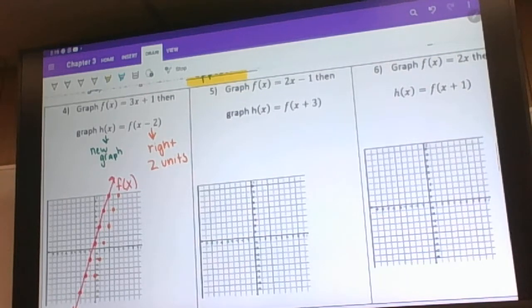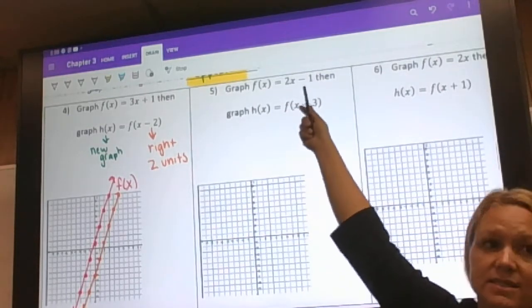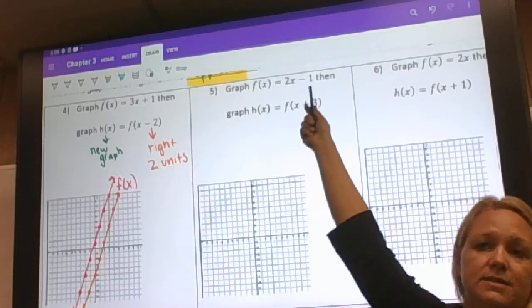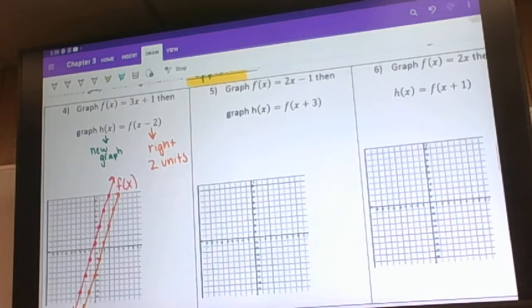Actually, I'm glad you brought that up. I want to do one more before I really say. But on the homework tonight, you don't even have to graph. You just have to say what the move is. So it'll say describe the transformation. And the answer we're looking for is left 3.